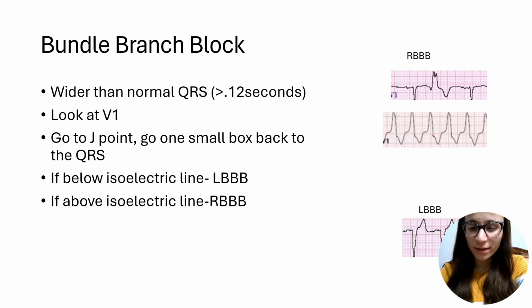Going from the J point back one box, as you see, it's above the isoelectric line, so it's a right bundle branch block. As opposed to over here, going back one box, it's below, so that's a left bundle branch block.